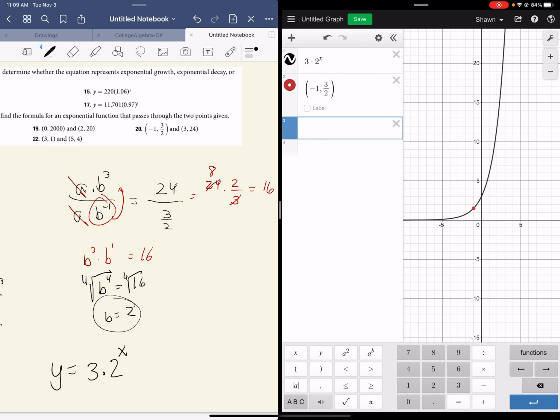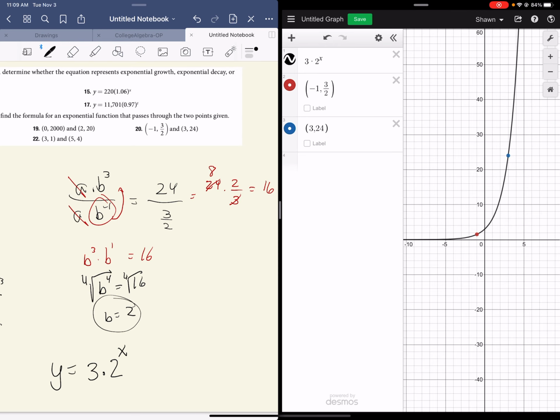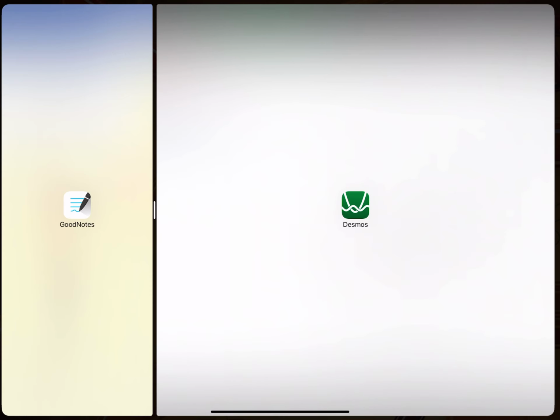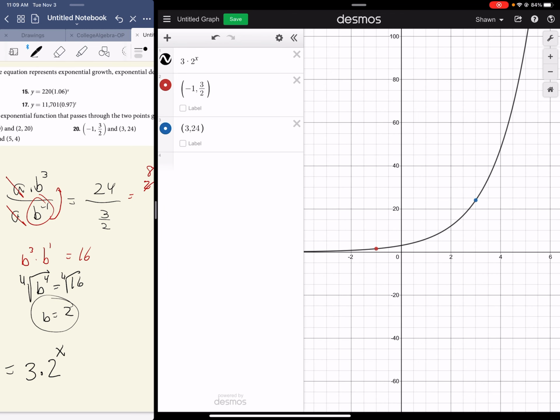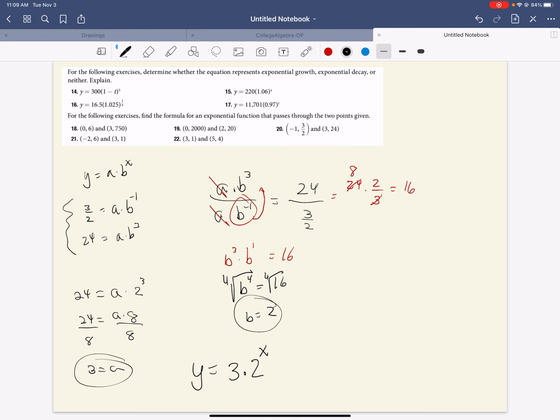And my other point is 3 comma 24. And hopefully very clear there, you can see that both of the points show up on that graph. And so there is the answer to this problem right here.